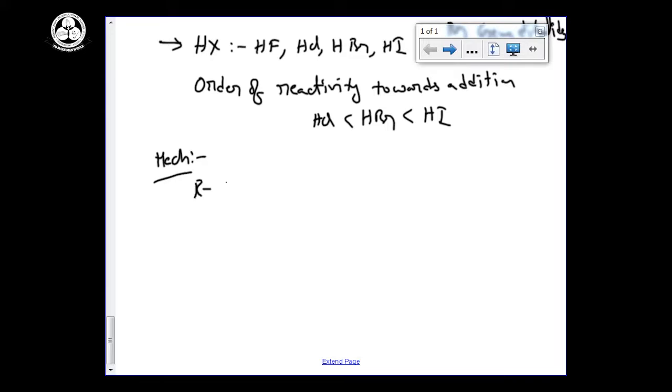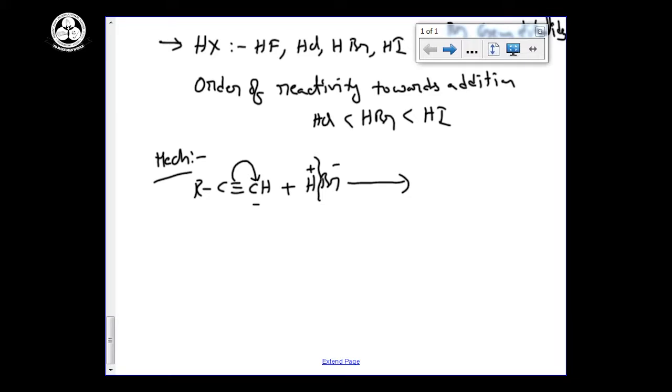I am taking RC triple bond CH. First step, from the hydrogen halide I am taking HBr, for suppose. In that HBr, I am breaking H plus and Br minus. The multiple bond I shifted like this.